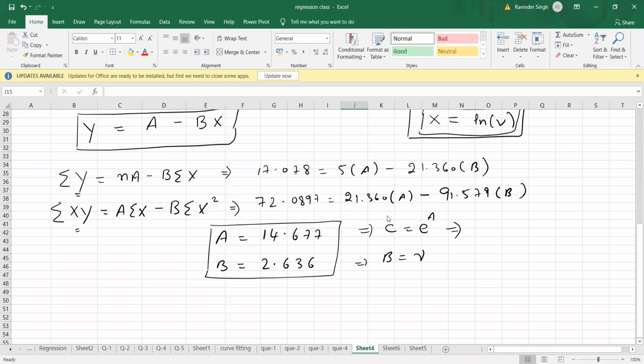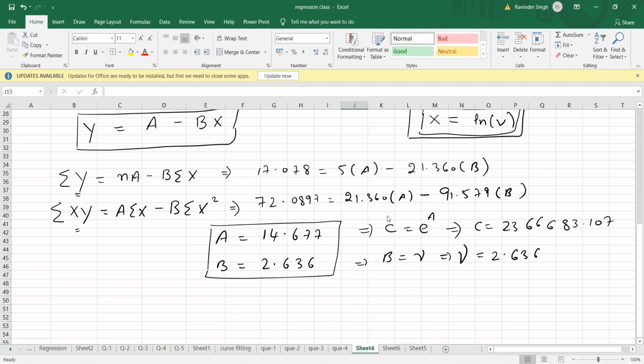So this I'm getting as C is equal to 23.68683.107.